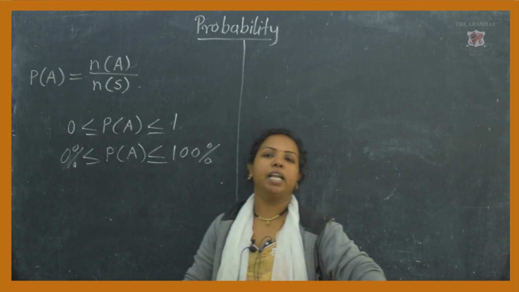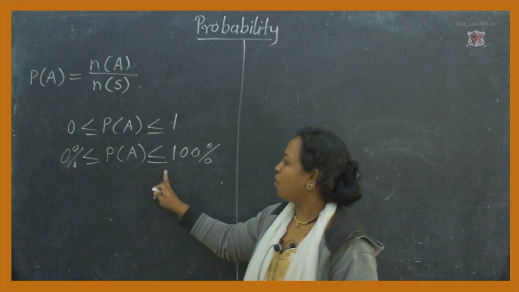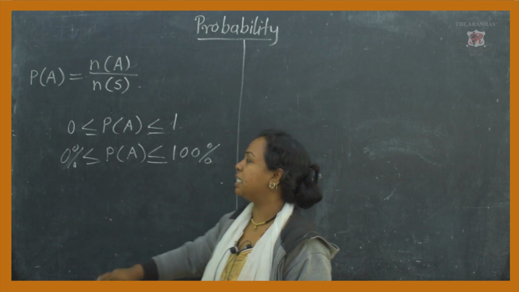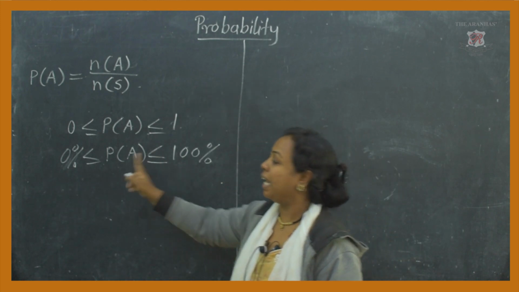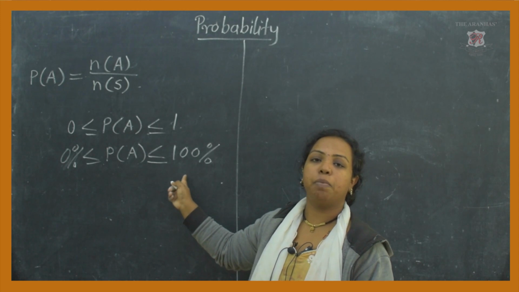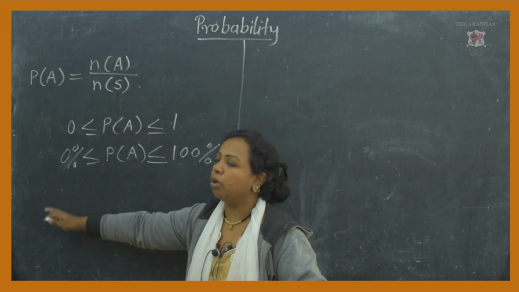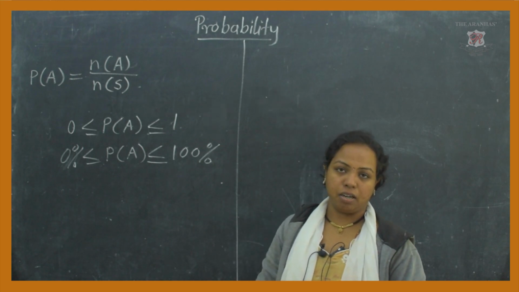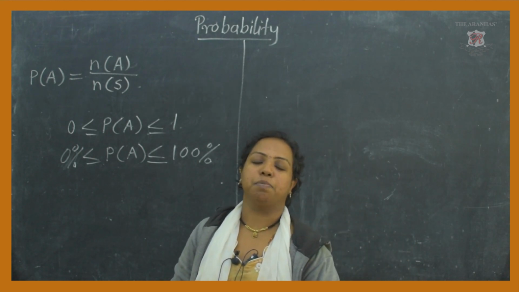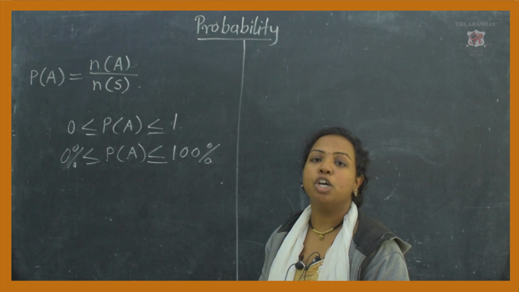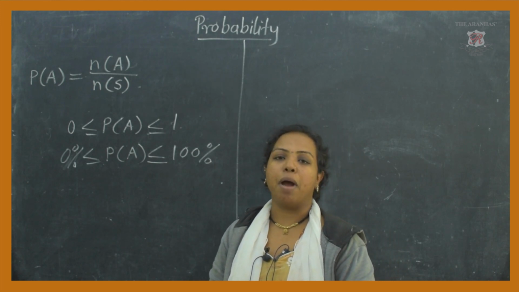That means negative values are not there. For percentage, it can be equal to 0%, equal to 100%, in between 0 and 100%, but not more than 100% or below 0%. Okay, these are the properties to express the probability value.